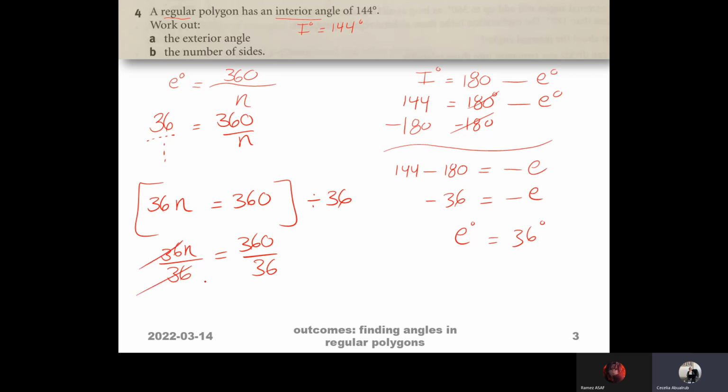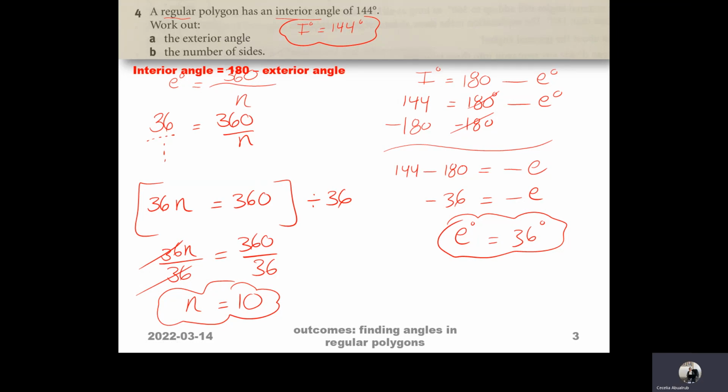These two 36s are going to be gone, and n will be 360 divided by 36. The answer is 10. So this polygon has 10 sides, and the exterior angle is equal to 36, and the interior angle is given as 144. So we found everything that's related to this polygon.